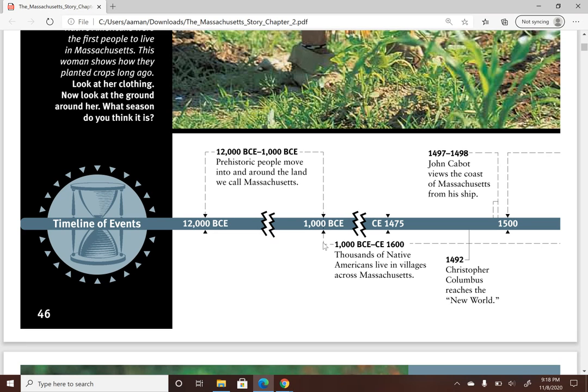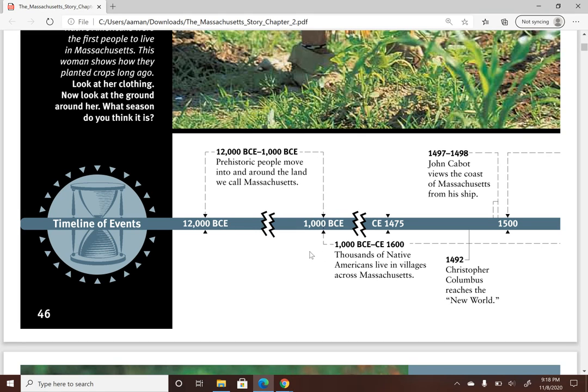Prehistoric people move into and around the land we call Massachusetts. Now you can see this break in the timeline showing that a lot of time has passed because there's 11,000 years and they don't want to make this timeline really long. So they use this squiggle to show that there's been a lot of years in between these two dates.